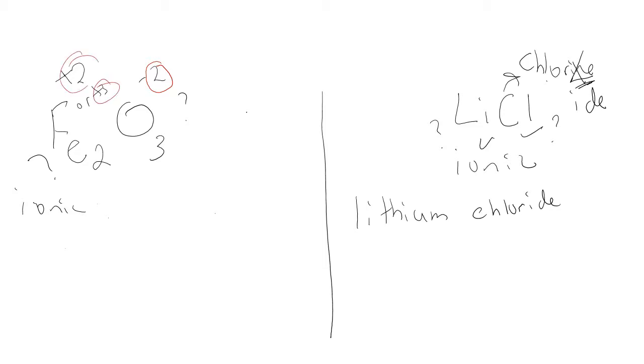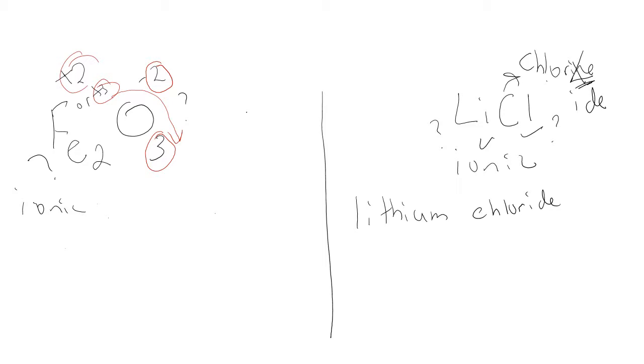All we have to do is look at the number of oxygen atoms. We have 3 oxygen atoms, and we do the old switcheroo when we're doing a formula for compounds or molecules. So we can work our way backwards: if we go 3 to +3, we notice that this iron has to be +3.